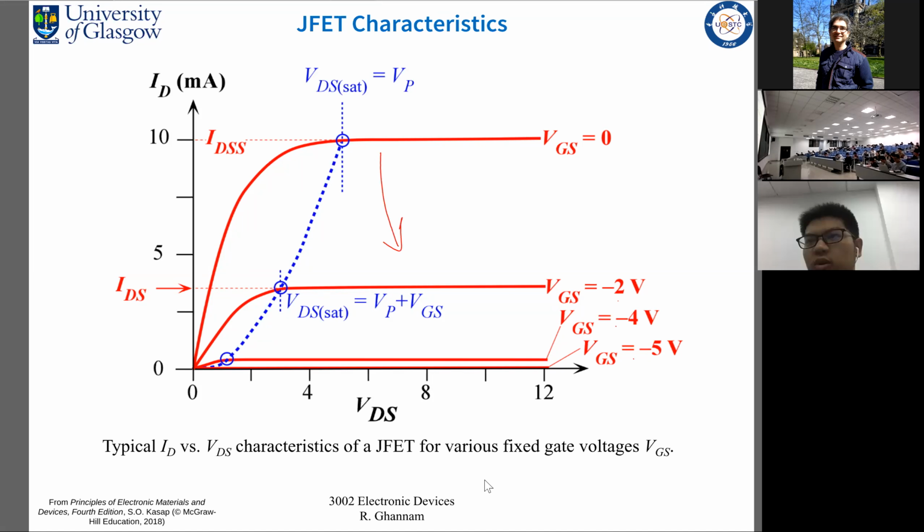So when VGS is equal to 0, this is the trend. As you can see, this is a voltage controlled device as opposed to a current controlled device, but increasing the negative VGS results in a smaller amount of IDS.